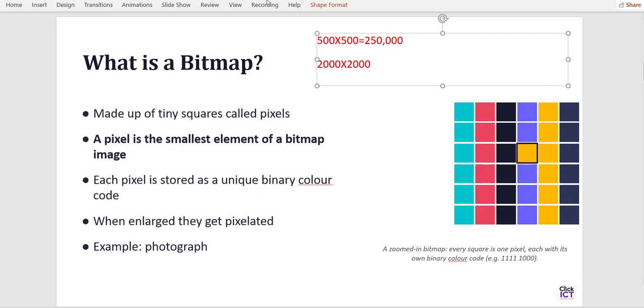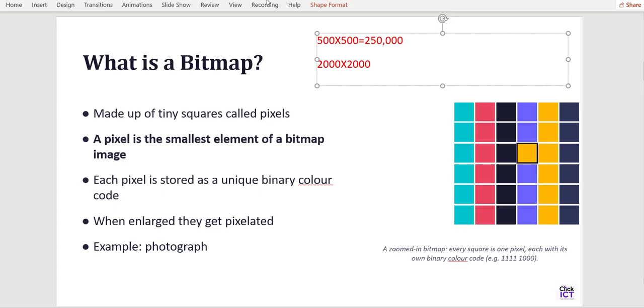So the takeaway from this discussion is that a bitmap image has a fixed resolution because it contains a fixed number of pixels. As we have discussed in our example, the number of pixels for this particular example is 250,000. When we enlarge the image, the pixels are stretched rather than new pixels being added.